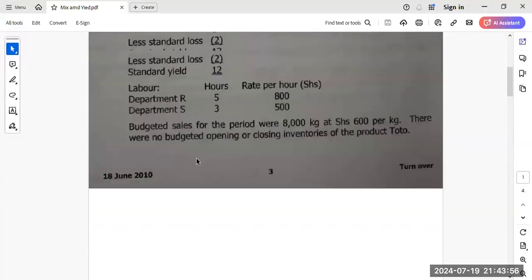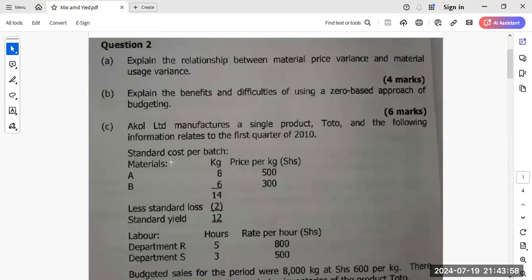According to the budget, they are planning to incur 300. This is price per kg.